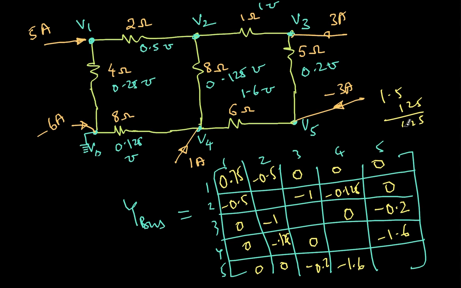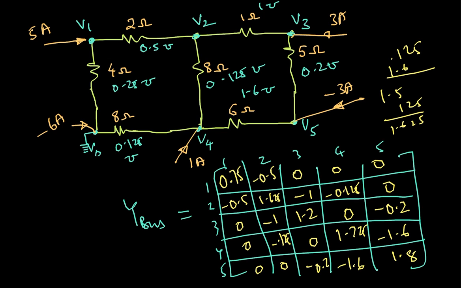Just my rough work. So 1.625. And this is 1.2 and this is 0.125 and then 1.6. So 1.725 and this one will be 1.8. So this is my Ybus.